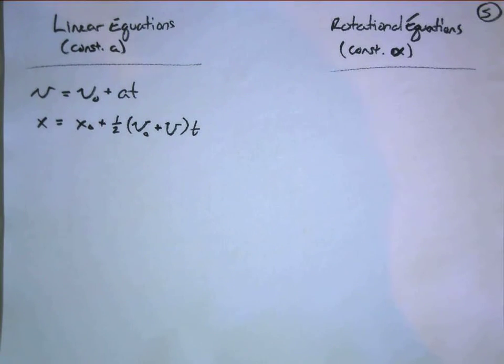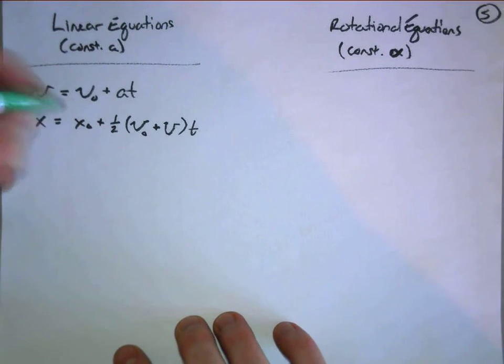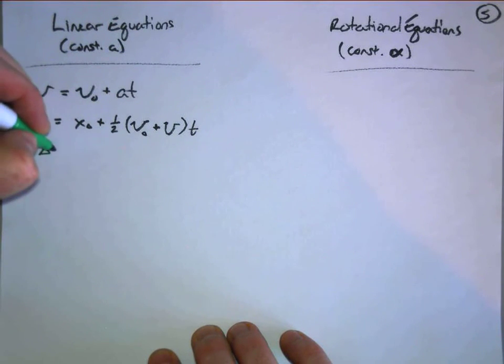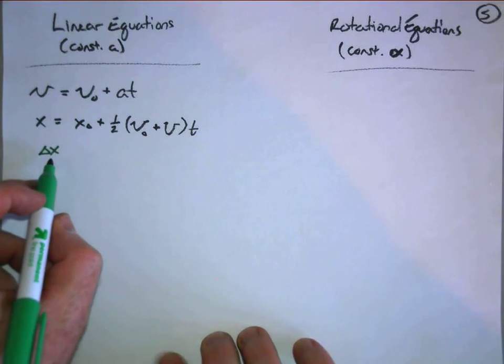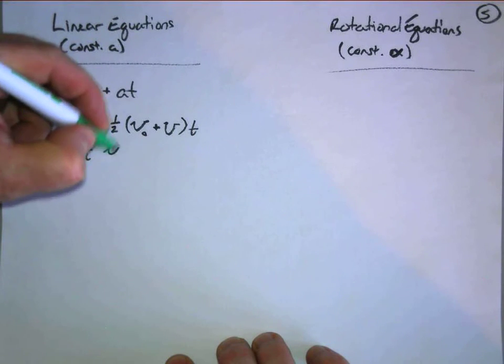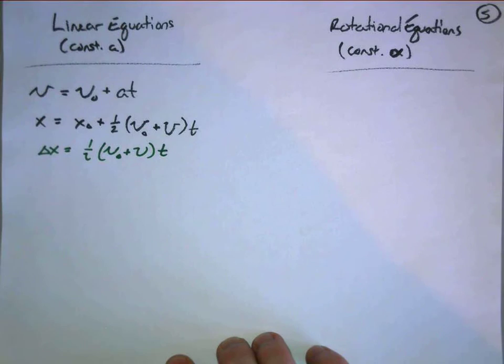So to me this is an interesting way of looking at it, and there's a couple other alternatives here. Let me show you those real quick. I'll change colors so they maybe don't get too confused. You could say, well, subtract initial from both sides, and I'm basically talking about my change in position. And so I just get 1/2 initial plus final times t.